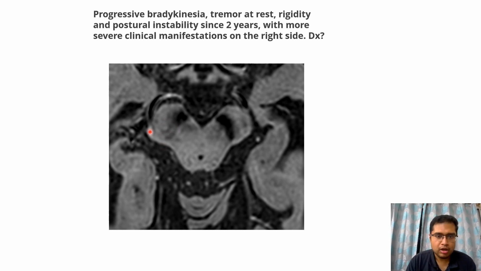This is a normal substantia nigra, while on the opposite side we can see that this particular tail sign posteriorly is lost. That is because of the loss of nigrosome 1.